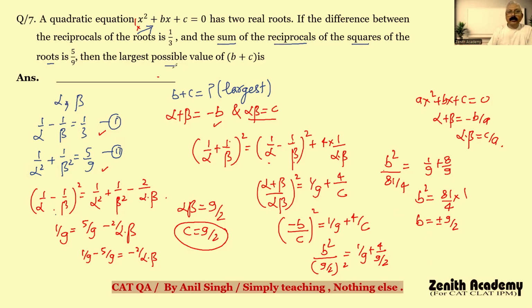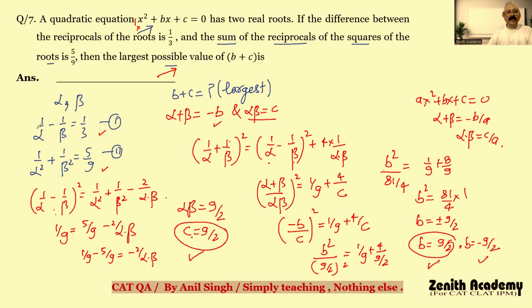We have to find the largest possible value of B plus C. C we have calculated 9 by 2, and B is coming plus 9 by 2 and minus 9 by 2. If I take minus 9 by 2, then B plus C will be 0. But since we have to find the largest possible value, we will take B equal to 9 by 2 and C equal to 9 by 2.